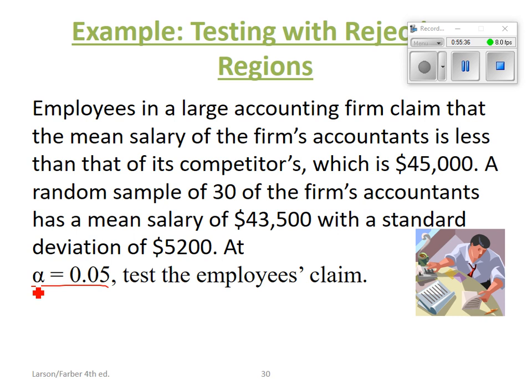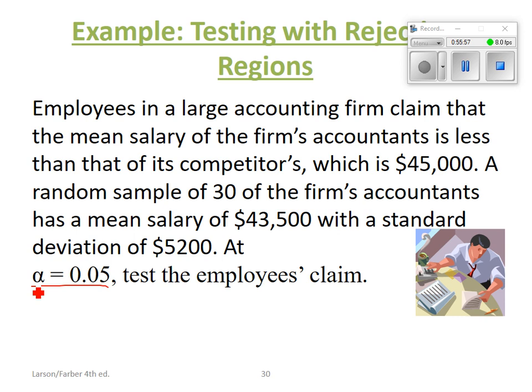So then I'm just going to take 5,200 divided by the square root of 30. And I get 949.38 something.